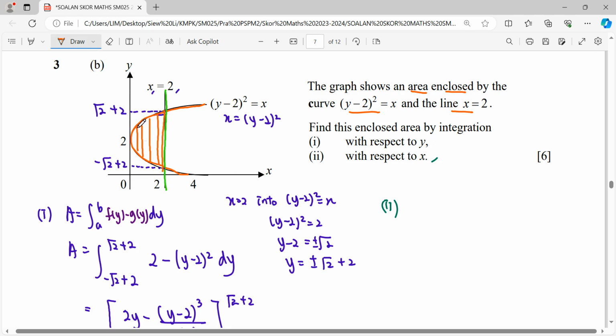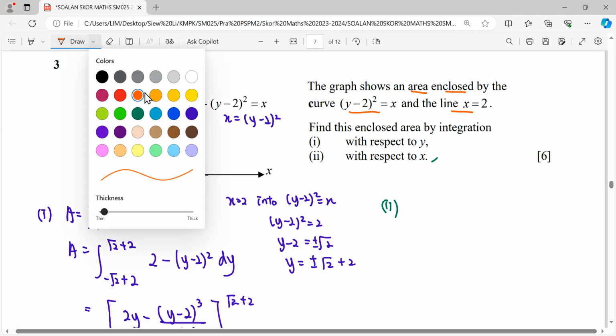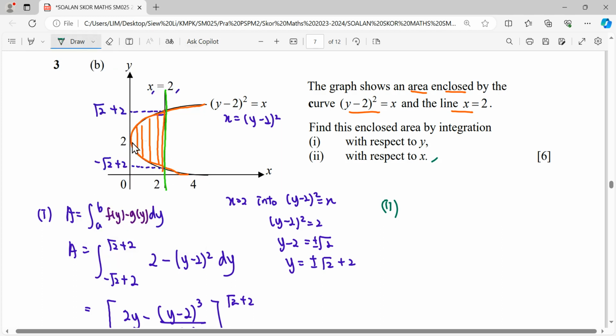You can notice that the curve touches back onto the curve, so we cannot integrate directly like that. Another suggested way is to separate this area into half, and we only calculate this region. We calculate this region by integrating with respect to x, then multiply by 2 because this is a parabola shape, so y = 2 is the symmetry axis.